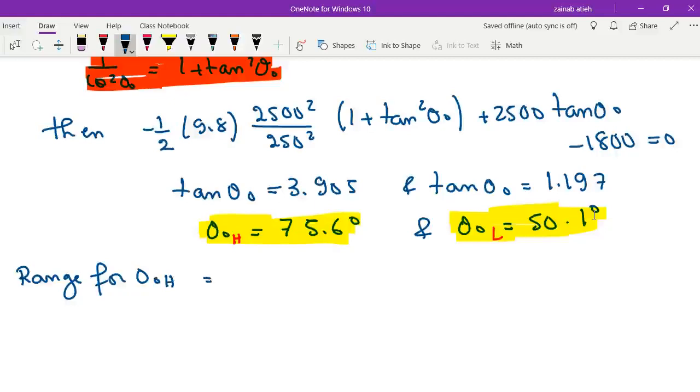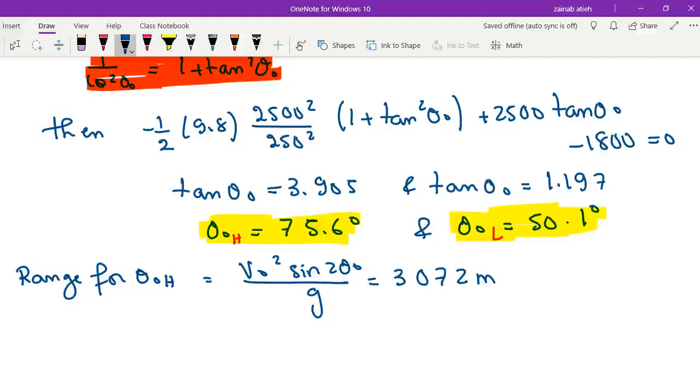It is equal to v0 squared sine 2 theta 0 over g. It will give me 3072. The range is in meters. This is the range.